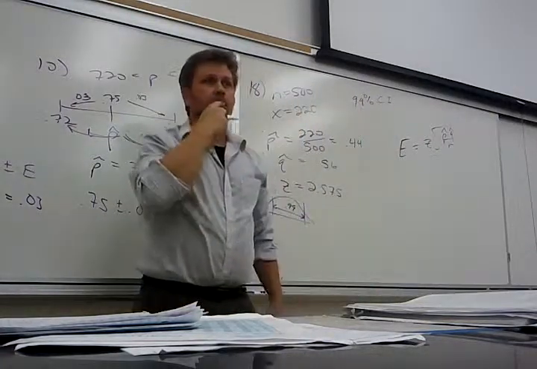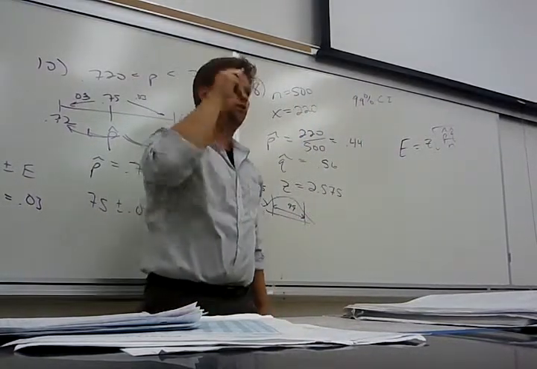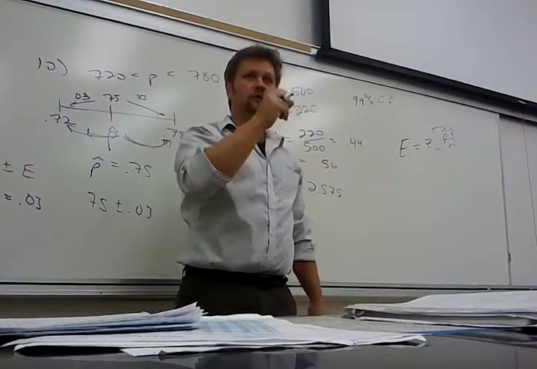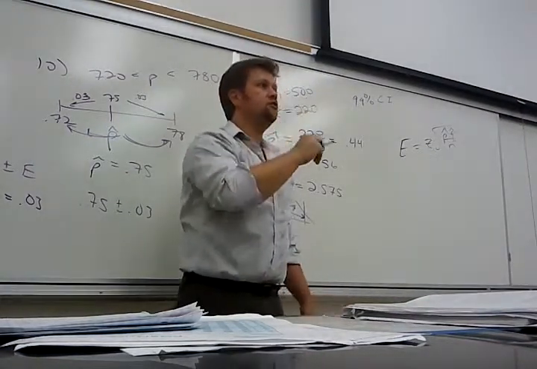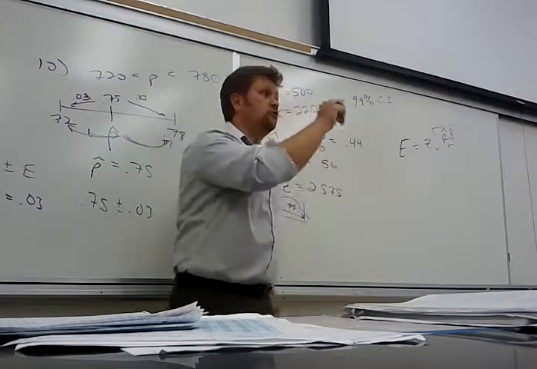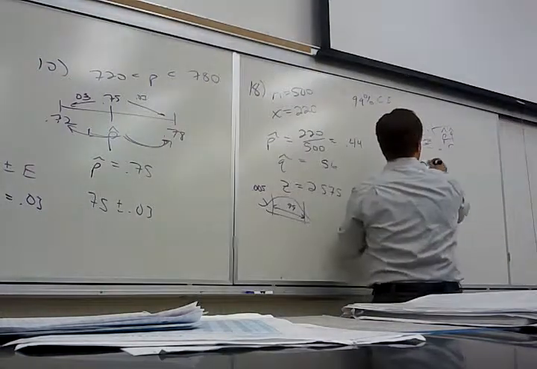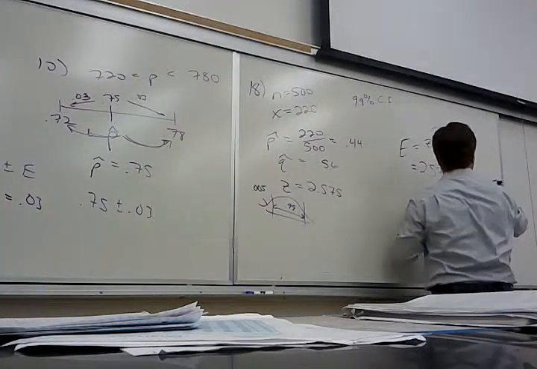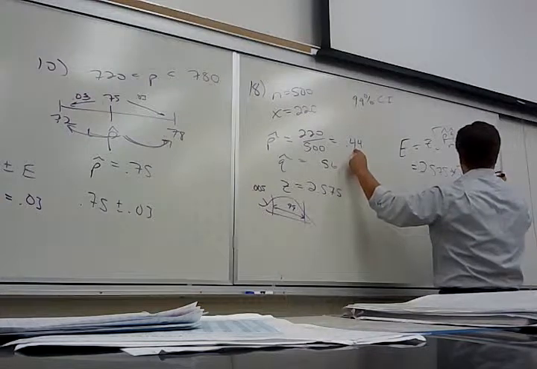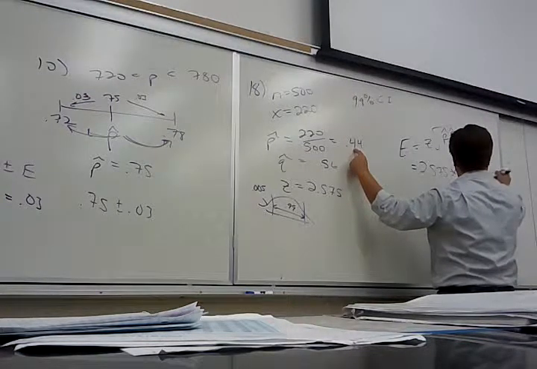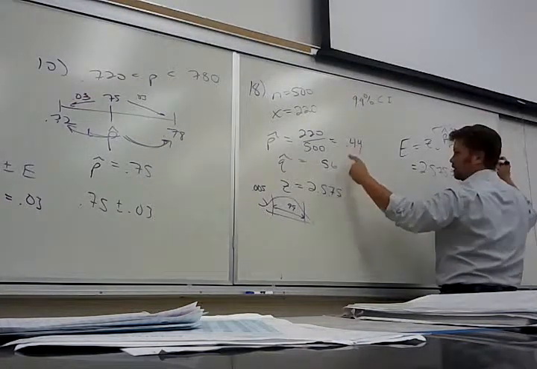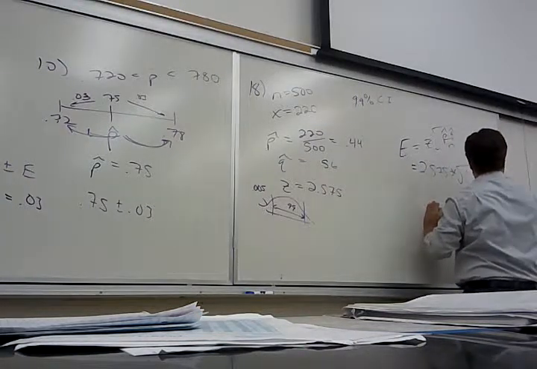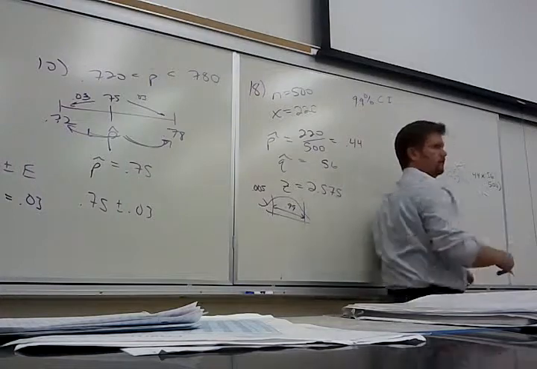I just have to plug and chug. And be real careful when you plug this into your calculator. Let me show you exactly how to do it. The fewer parentheses you use, the better, because it's hard to keep track of them. So this will be 2.575 times the square root of 0.44 times 0.56 divided by 500, close parenthesis.